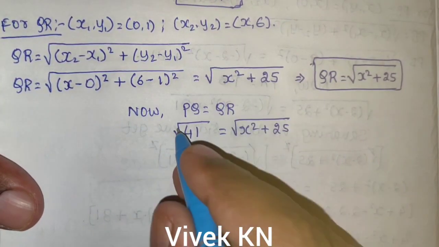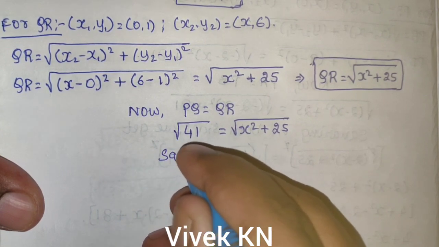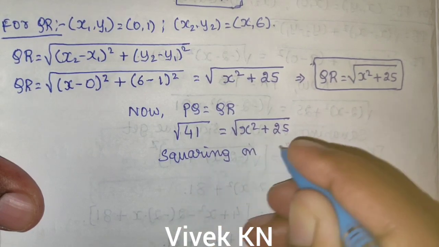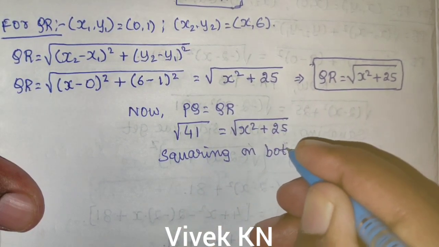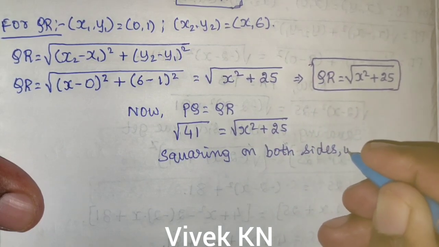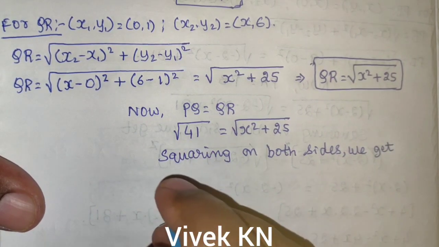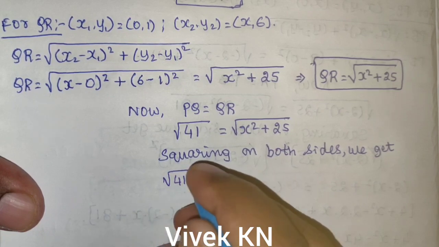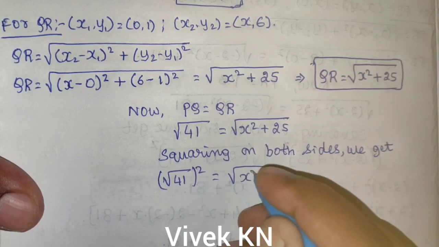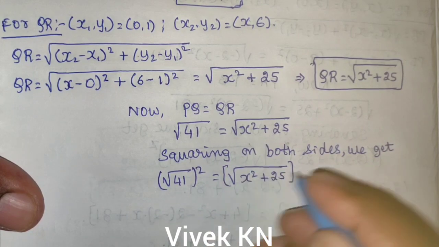Here to remove the square root we have to square on both sides. So squaring on both sides, we get root 41 whole square is equal to under root of x square plus 25 whole square.